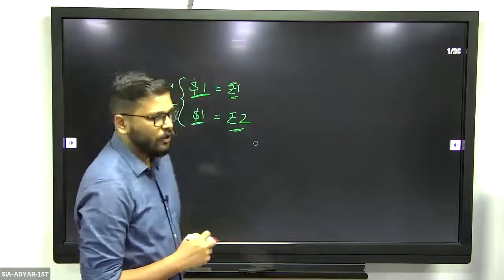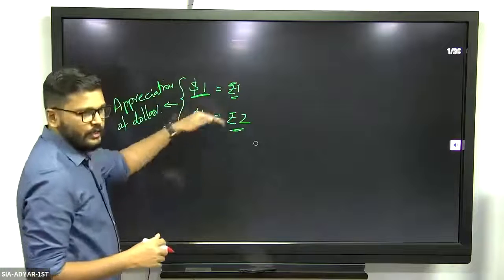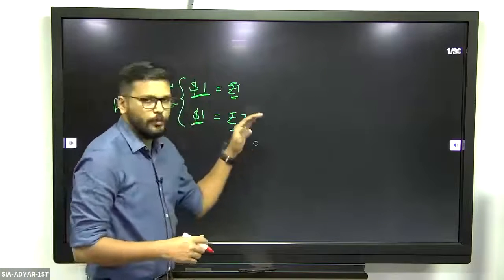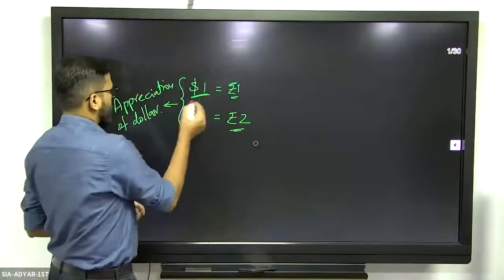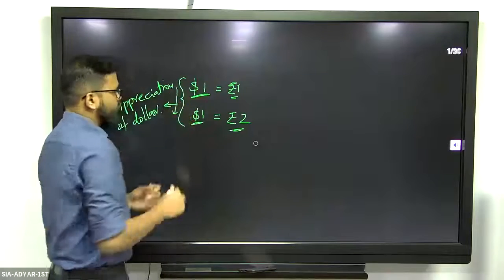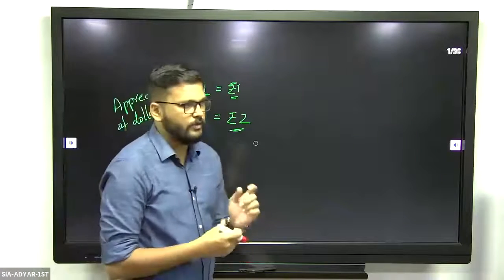Naturally, the reverse process, where $1 is equal to 2 rupees becoming $1 is equal to 1 rupee, will be depreciation of dollar. This upward move is appreciation of dollar. The reverse will be depreciation of dollar.